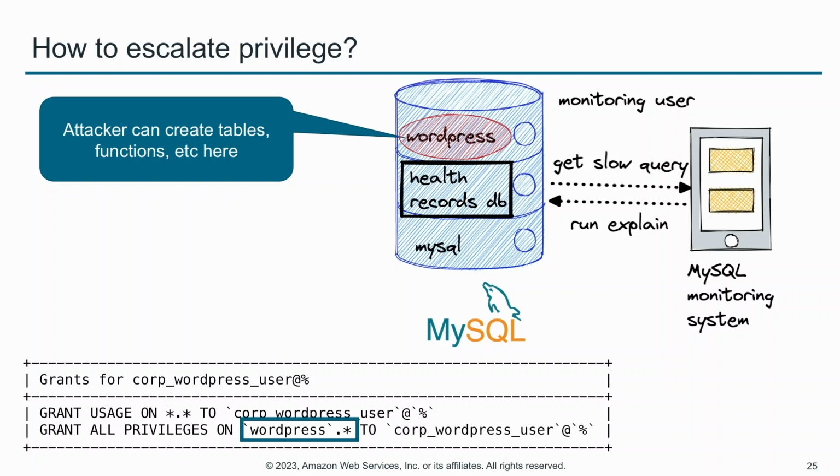Again, remember, the user that we get access to has all privileges to the WordPress database, including create table, insert and update. This is actually a very common configuration. You find an open source solution and you provide a user to that open source solution, so this user can do everything for that WordPress database.